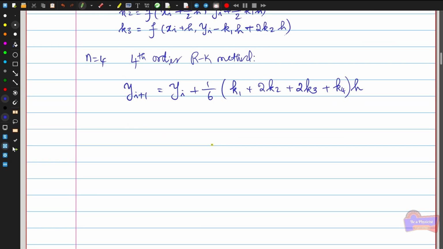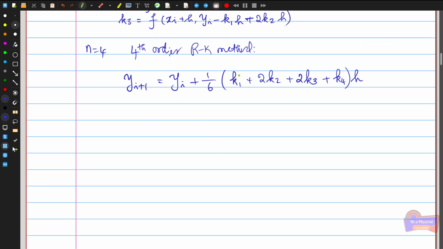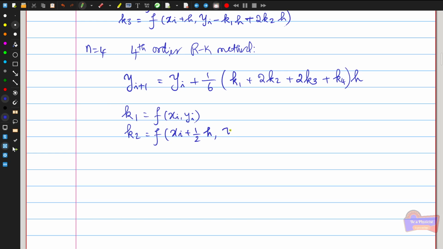So here we are taking the slope four times: k1, k2, k3, k4. The values are: k1 is equal to the function of xi comma yi. Similarly, k2 is equal to the function of xi plus 1 by 2 times h comma yi plus 1 by 2 times k1 h.